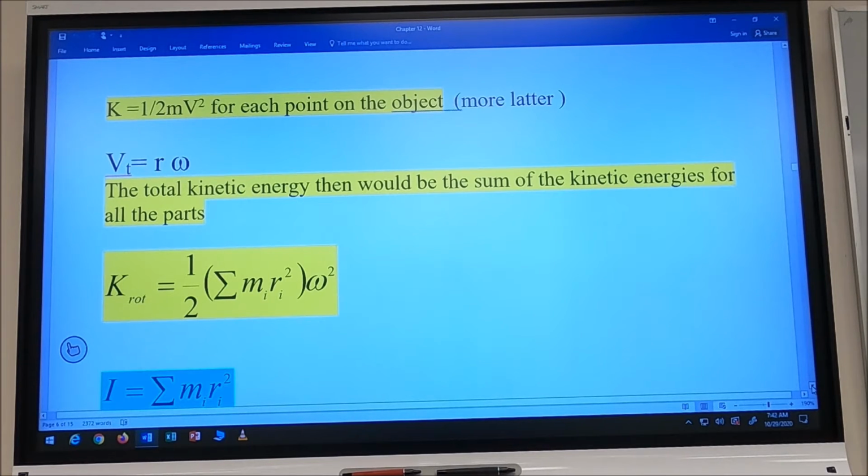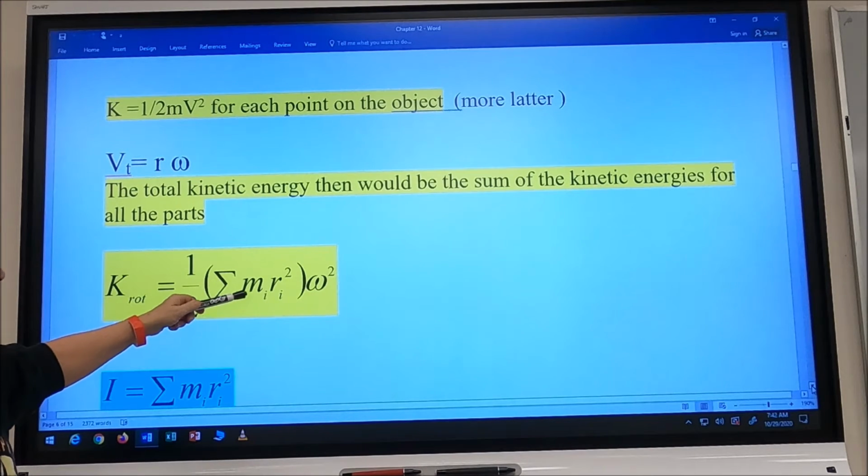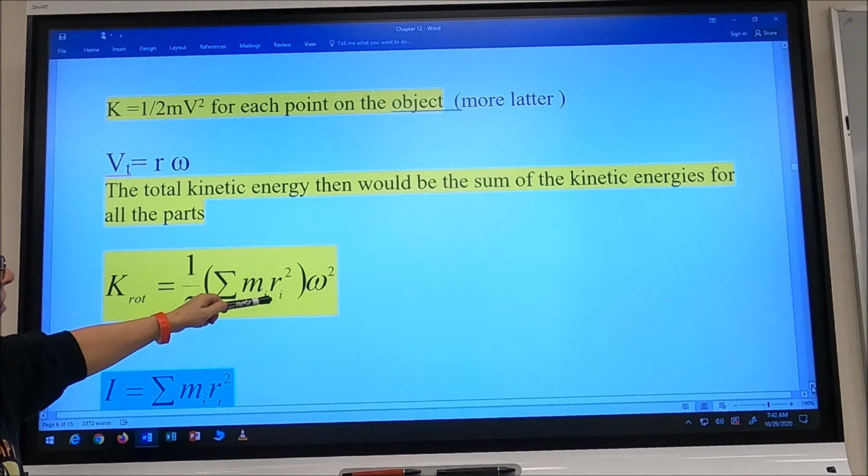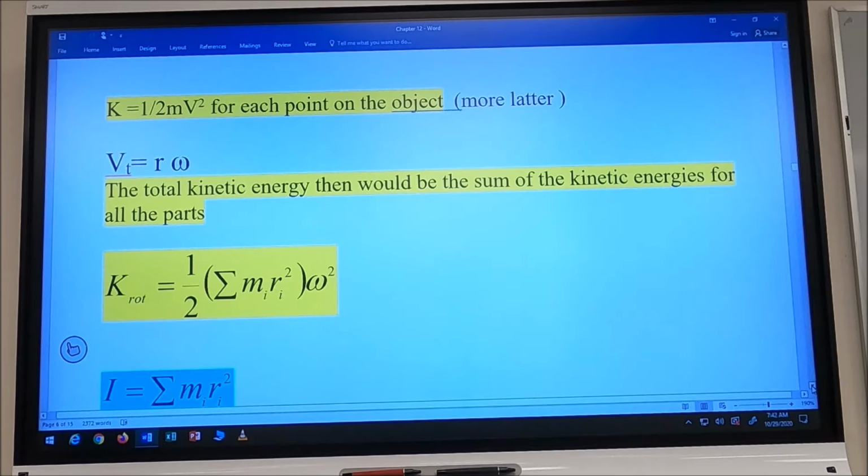But we have already talked about the fact that that's very inconvenient. So let's think about the fact that v sub t is equal to r times omega. The total kinetic energy then can be the sum of the kinetic energy of all the parts. So rotational kinetic energy is 1/2 the sum of the masses of the little pieces times the r location of all the pieces squared times omega squared.